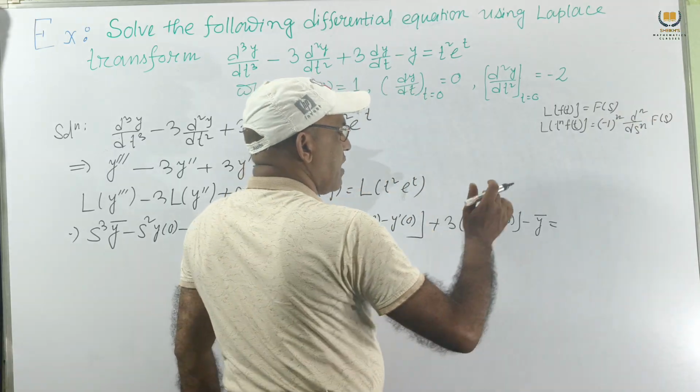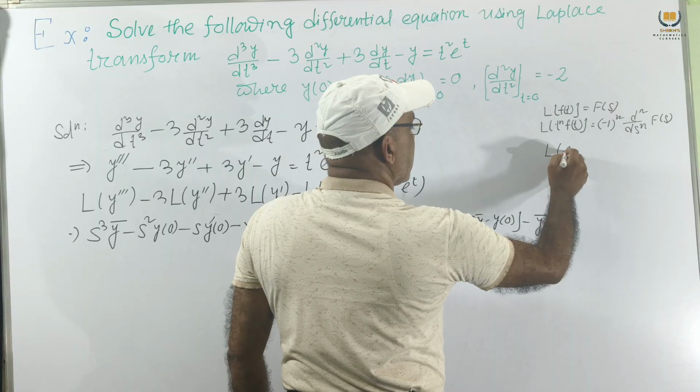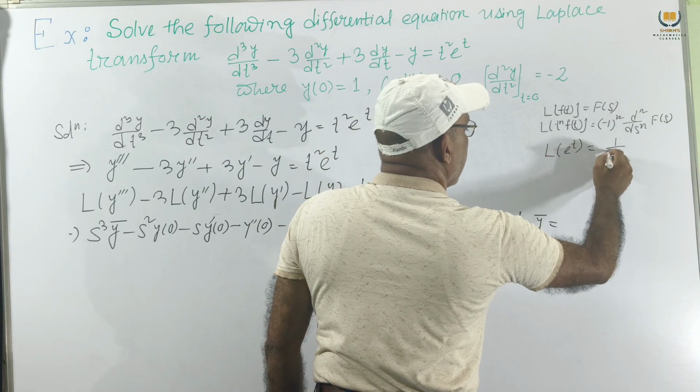We get this. Now here L of e^t equals 1 by s minus 1.